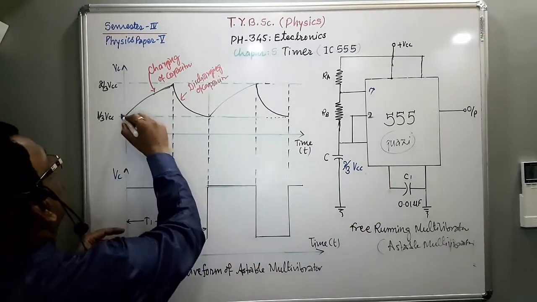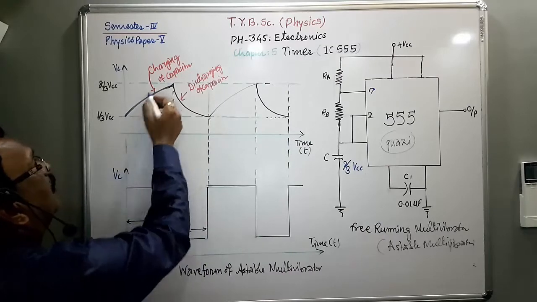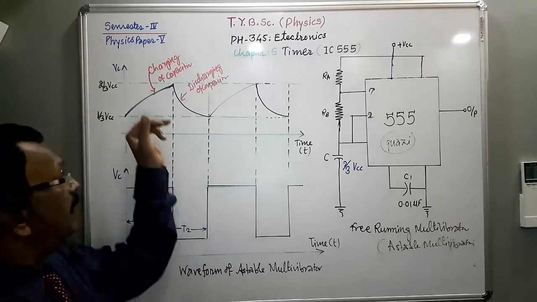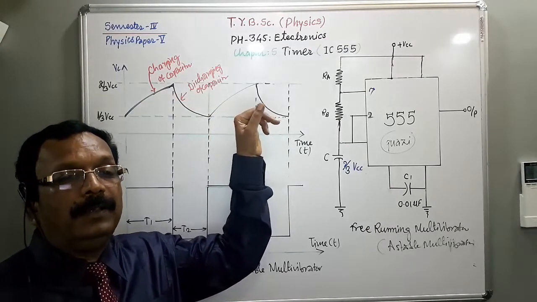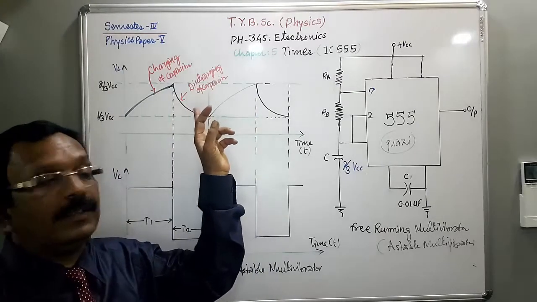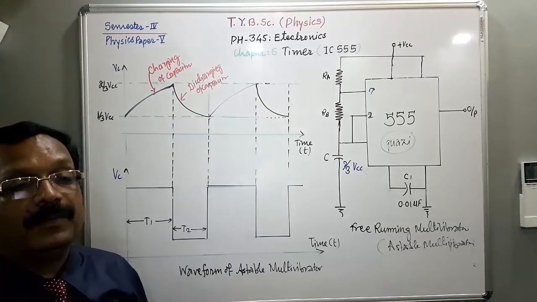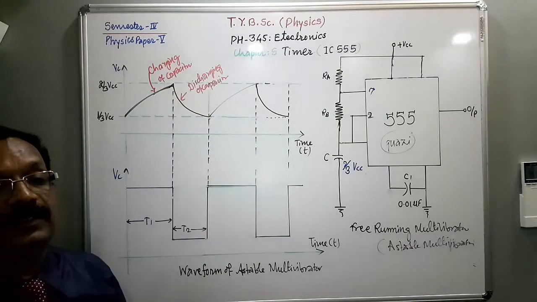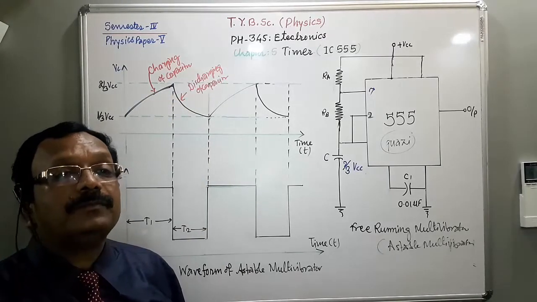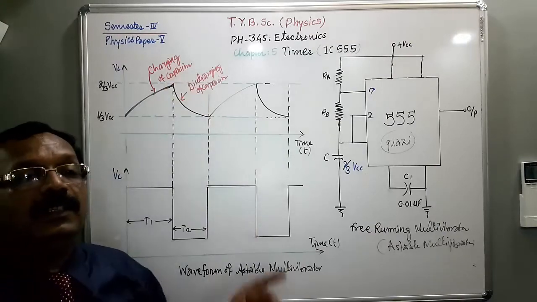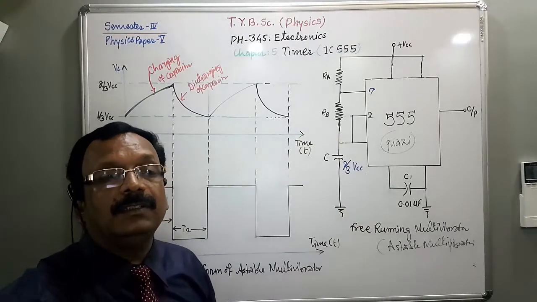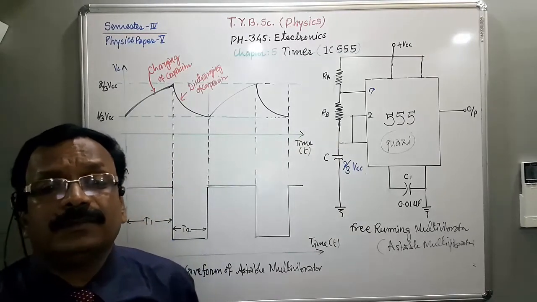This is shown here by this curve. This curve indicates that the capacitor charges when the circuit attains the high state. The capacitor is charging through RA and RB, and the voltage across the capacitor reaches 2/3 VCC. This voltage is the threshold voltage, which is at pin number 6.